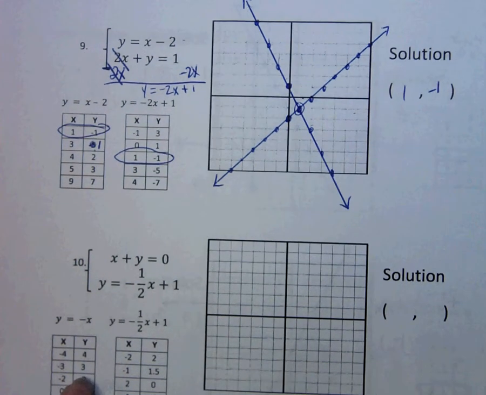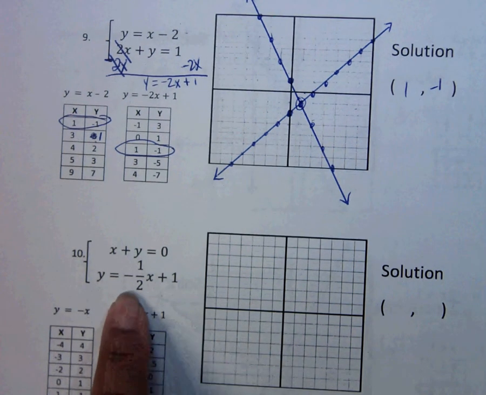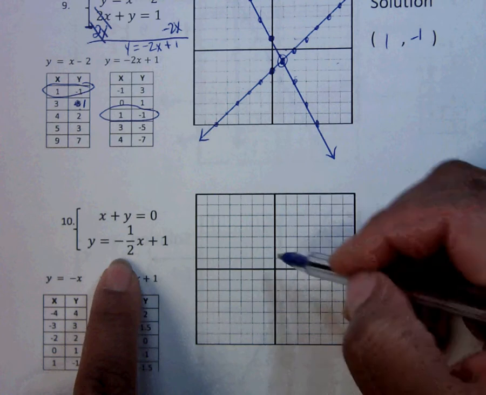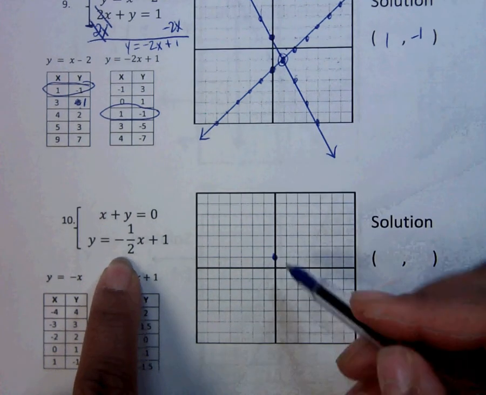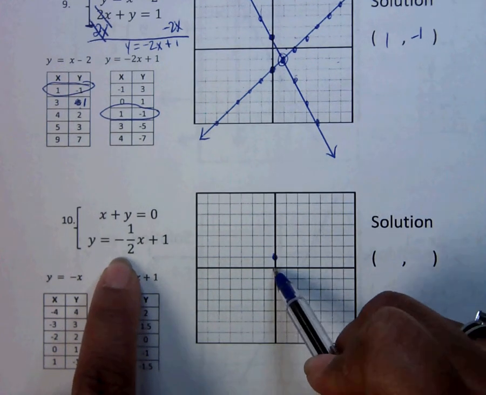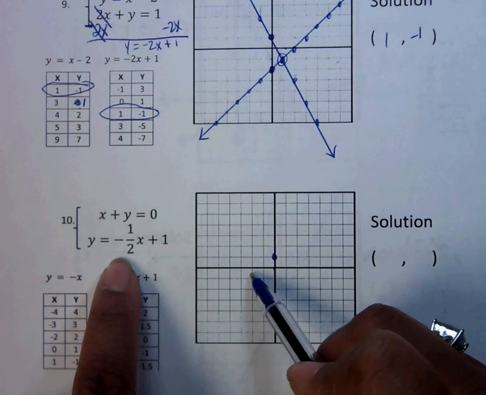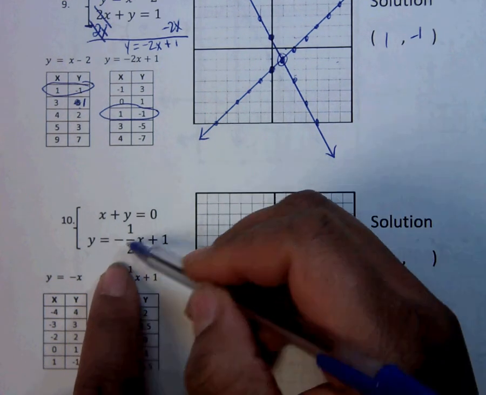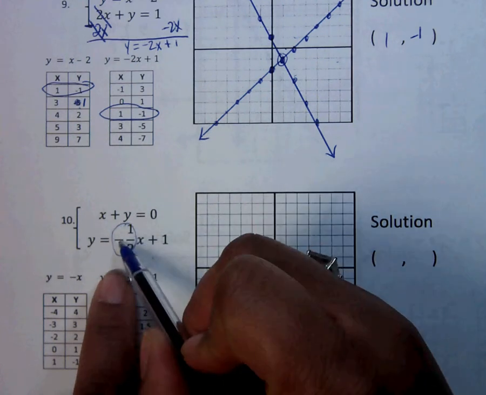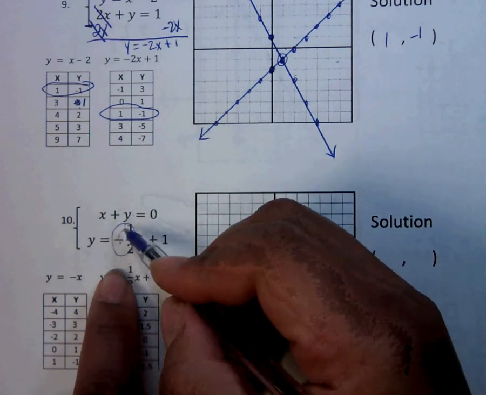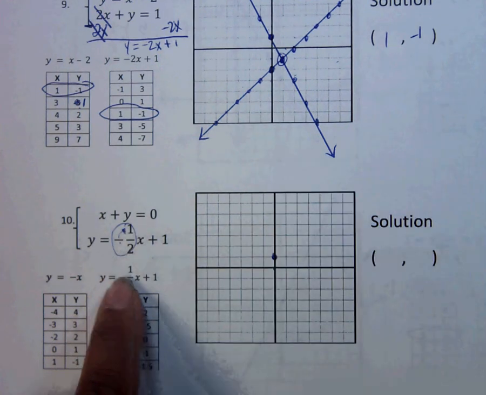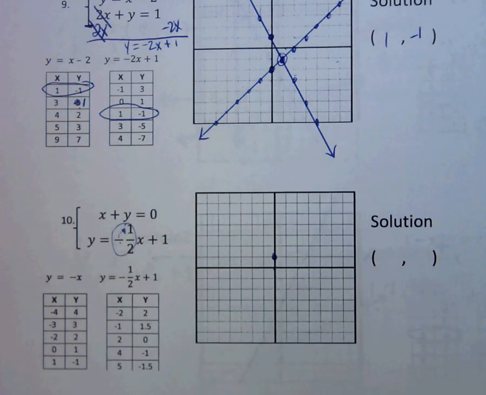Number 10. I'm going to start with the bottom one because the top looks weird. So, start at 1. Go down 1. Uh-oh. Do I go left 2 or do I go right 2? This negative sign only belongs to the top, and that is all the time. I don't want to say you can't write it in the bottom, but I will say this.